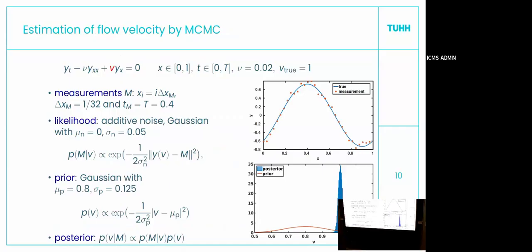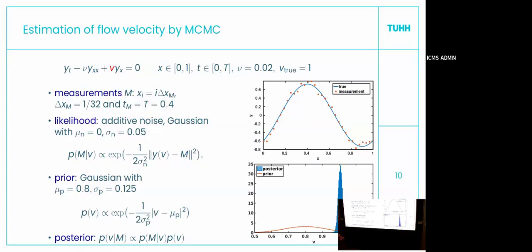This is what I want to illustrate here with a very, very simple 1D problem. We try to estimate this flow velocity, this advection velocity. This is just a toy problem, of course, to check the implementation. We have measurements, we have measurement noise. We choose normal distributions here.